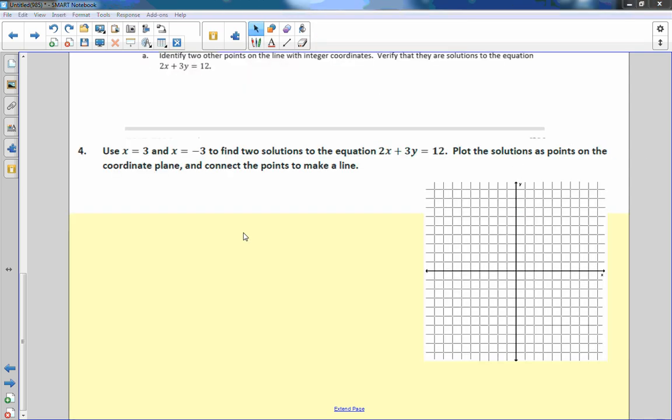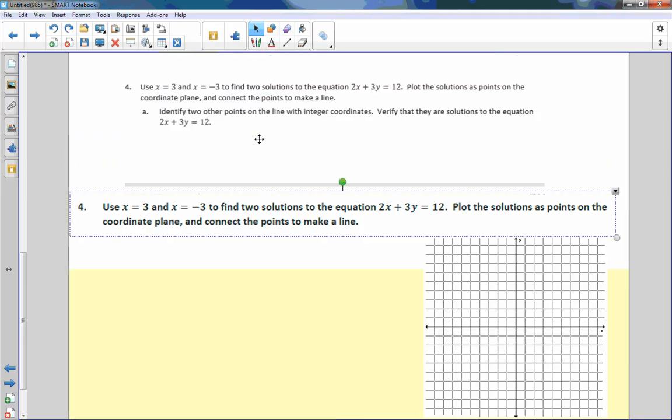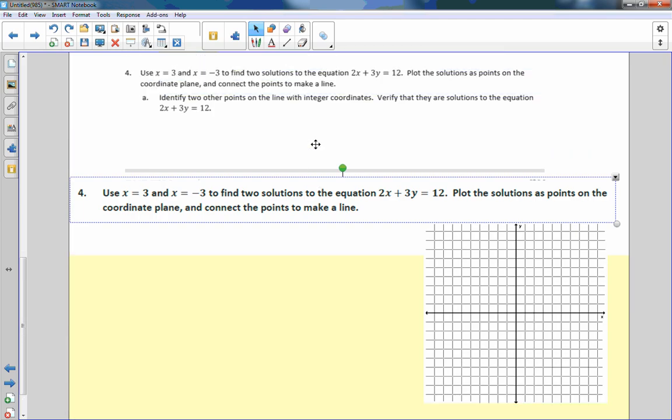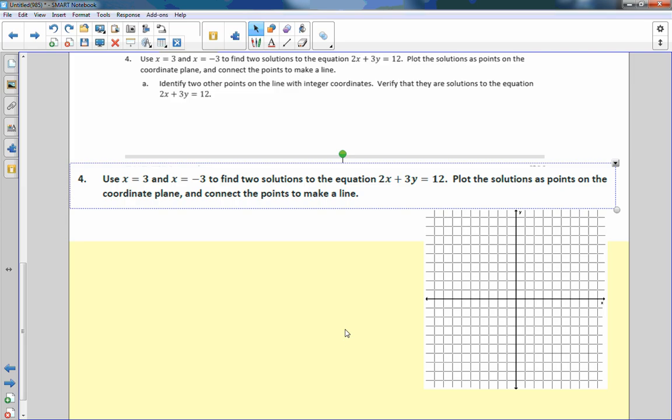Okay, so I just copied this question down. It says use x equals 3 and x equals -3 to find solutions of 2x plus 3y equals 12. Plot the solutions as points on the coordinate plane and connect the points. So this is just the graphing part, and then we'll do A after. So I just copied this down and put it over this banner so we can work it in a clean piece of paper area.